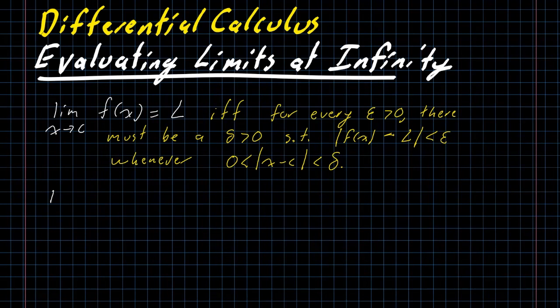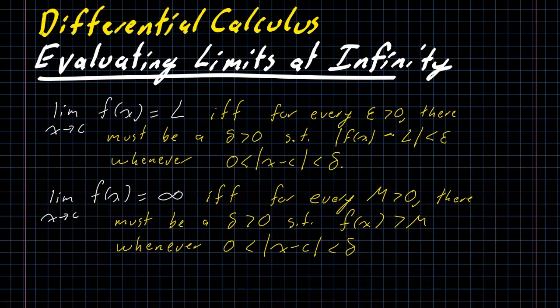We then saw that the limit as x approaches c of f of x might be equal to positive infinity if and only if for every capital M greater than 0, there must be a delta greater than 0, such that f of x is greater than M whenever 0 is less than the absolute value of x minus c is less than delta.